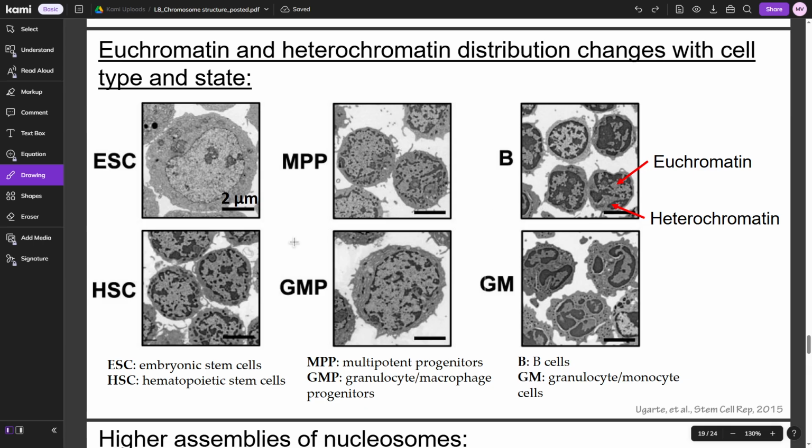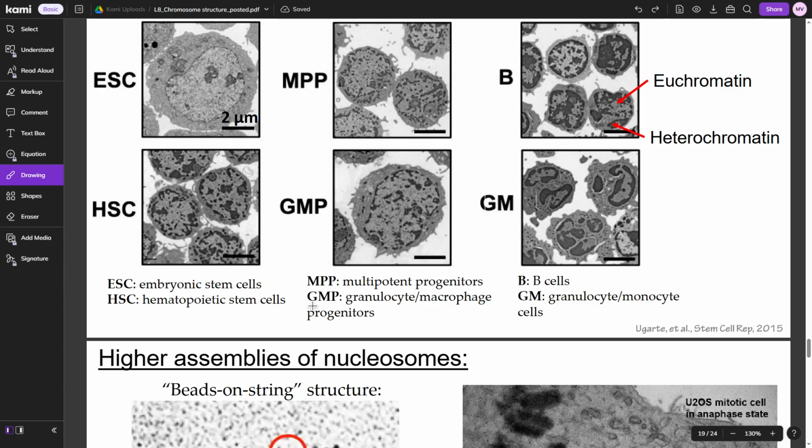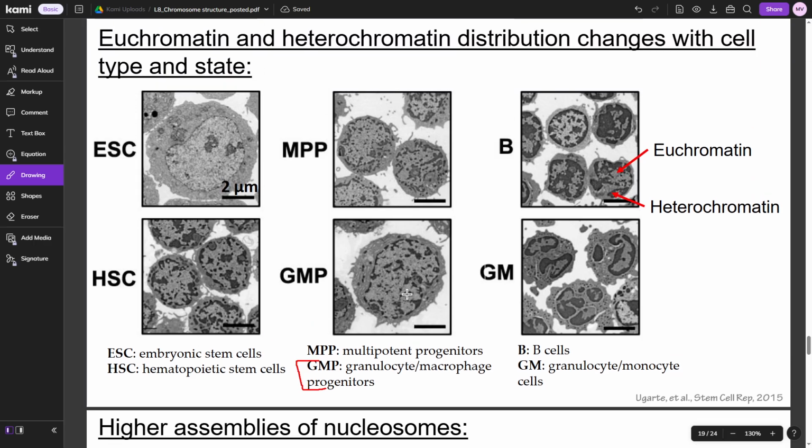So for example, something like a granulocyte. You can think of them as immune cells, right? So they're going to want to produce proteins that are useful for immune response, and so they're going to have regions of the DNA that have proteins related to the immune response in euchromatin form and not heterochromatin form.